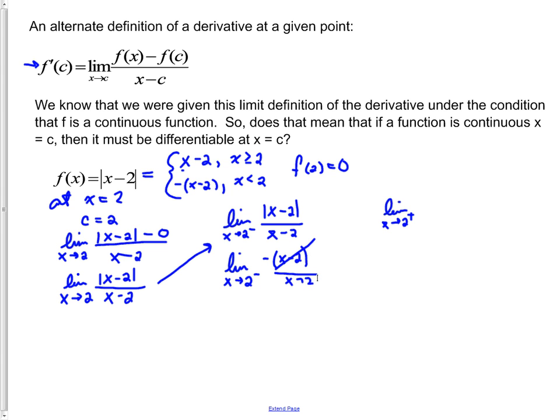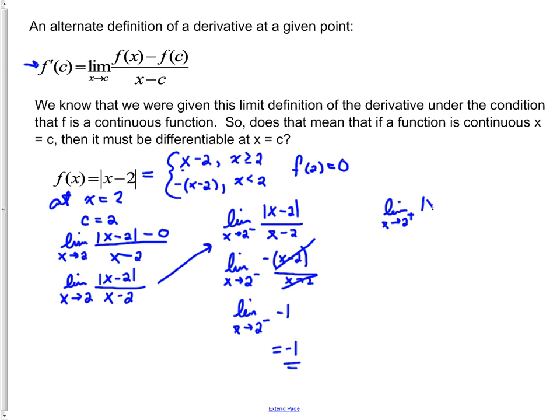And that just cancels right out, and we're taking the limit as x approaches 2 from the left of negative 1, and we know that limit is negative 1. Huh, interesting. So it has a slope of negative 1 at x equals 2, huh?